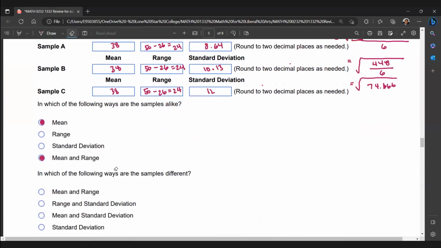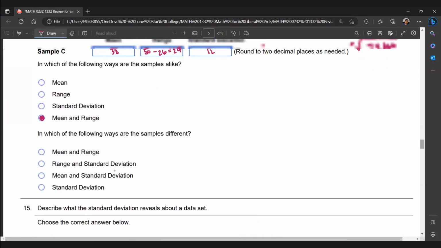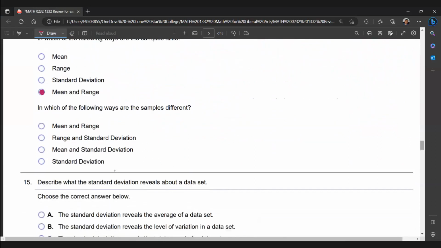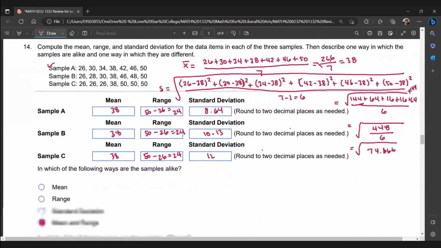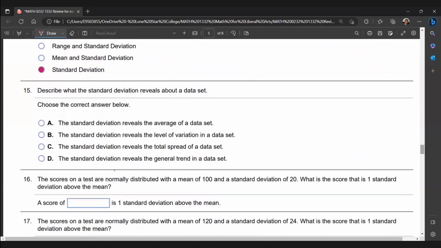Okay, that was good. So make sure you look at all the options. In which way are the samples different? Well, the standard deviations were different. What, all of that to answer those two simple questions? Oh no, that is one very picky question.